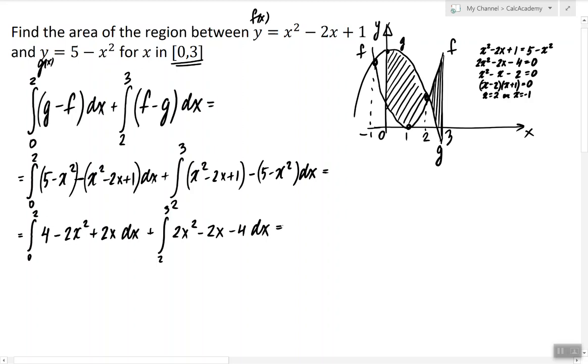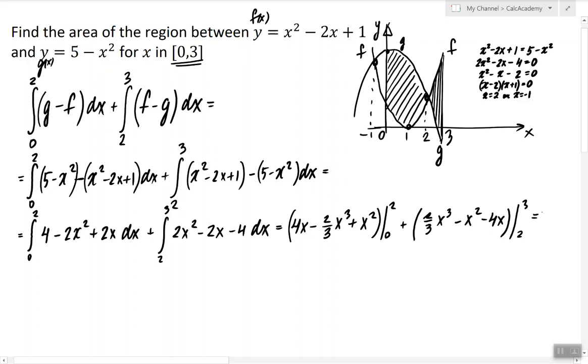And these are simple polynomials, so it's very easy to find their antiderivatives. So we have 4x minus 2/3 x cubed plus x squared from 0 to 2, and plus 2/3 x cubed minus x squared minus 4x from 2 to 3.